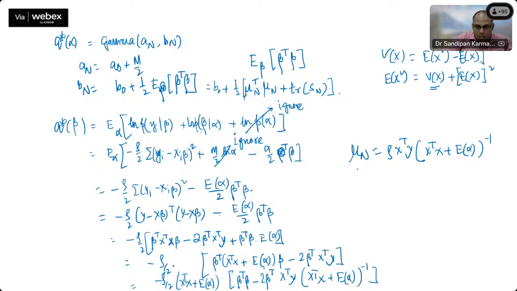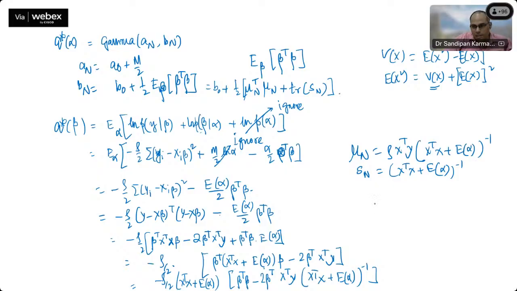And the new covariance matrix will be (X transpose X plus E of alpha) inverse. So these are the parameters of Q beta star.